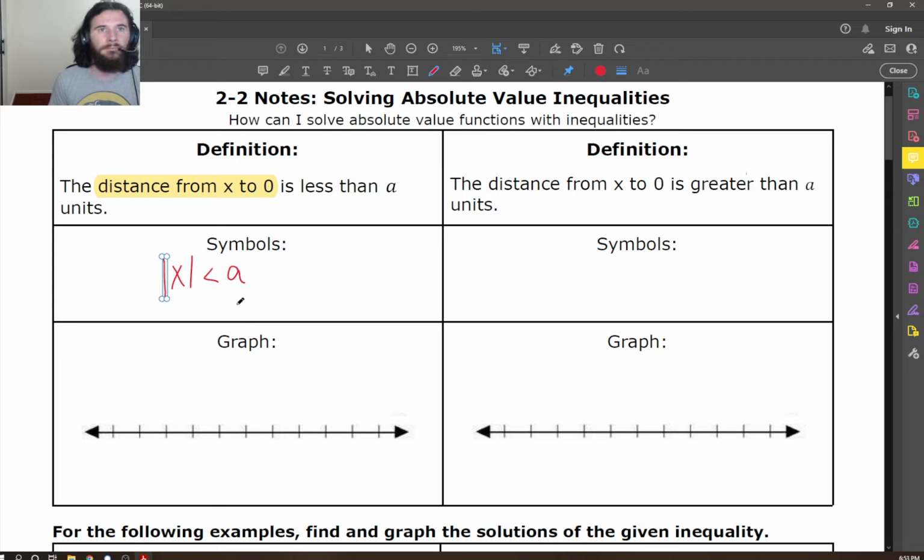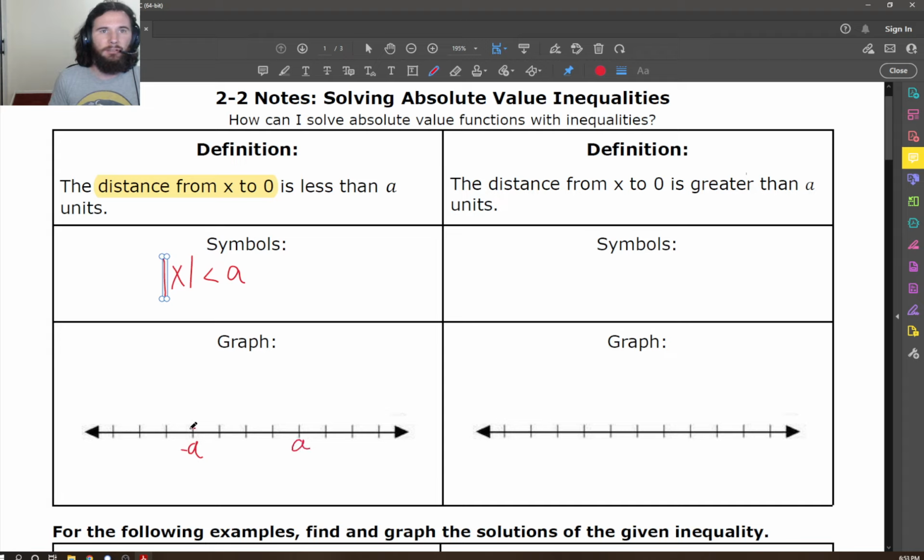So this just says the absolute value of a mystery number is less than some other number. What that's going to look like on a number line is, we learned last time that the value in the absolute value could be positive or negative. So I'm going to put a negative a over here and a positive a over here.